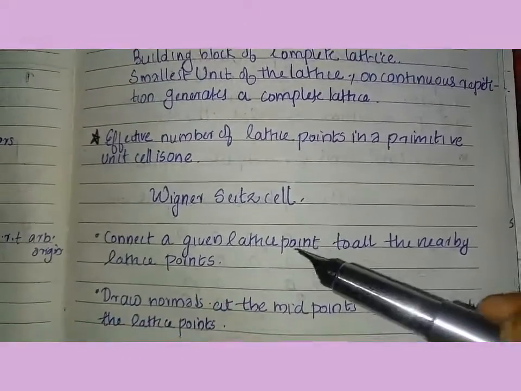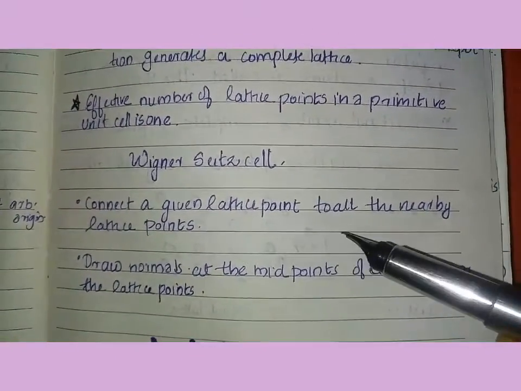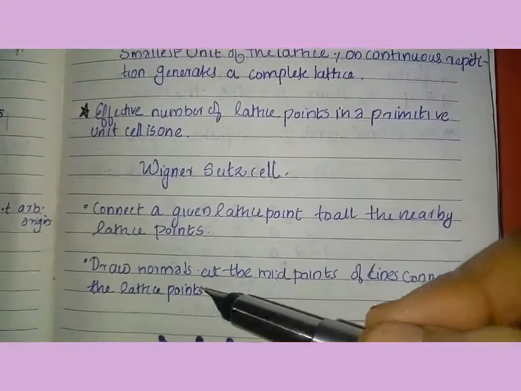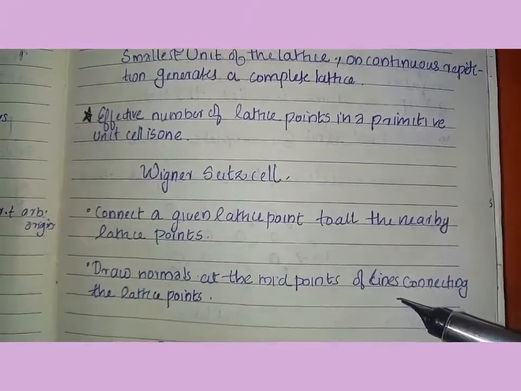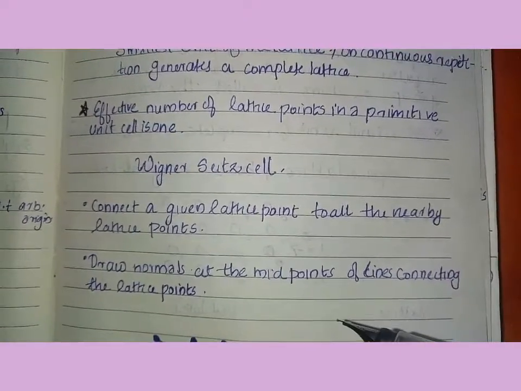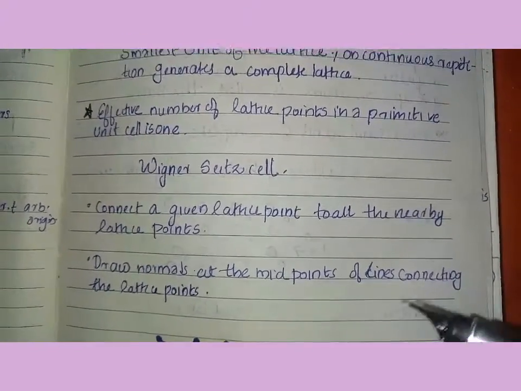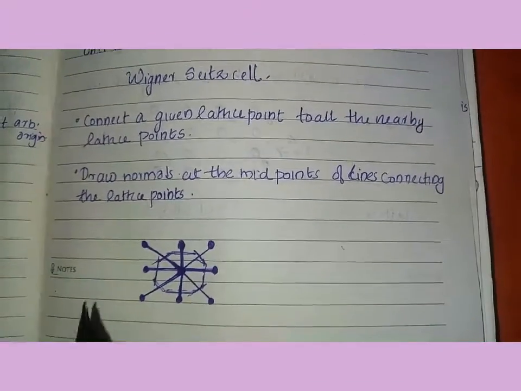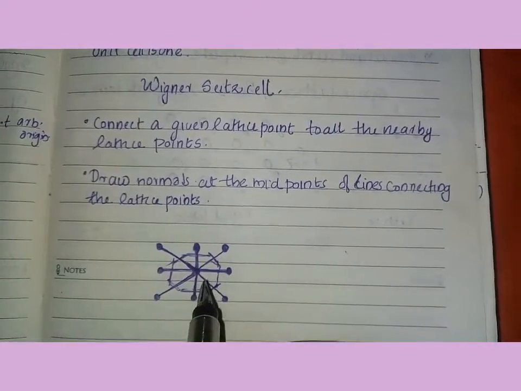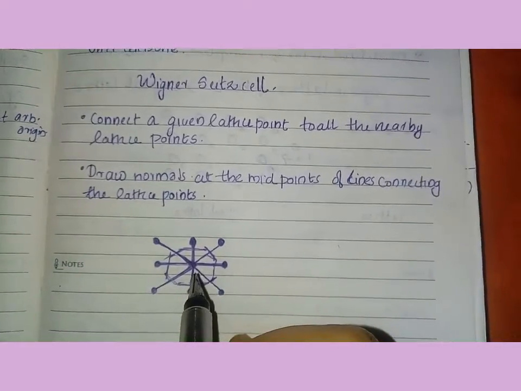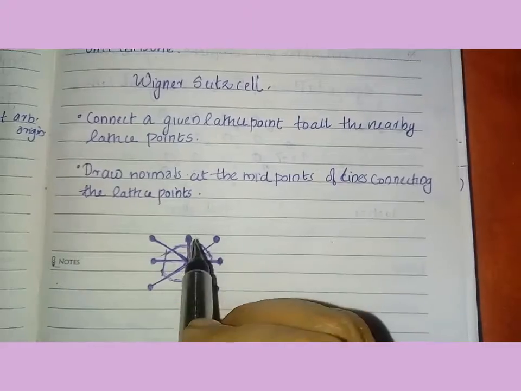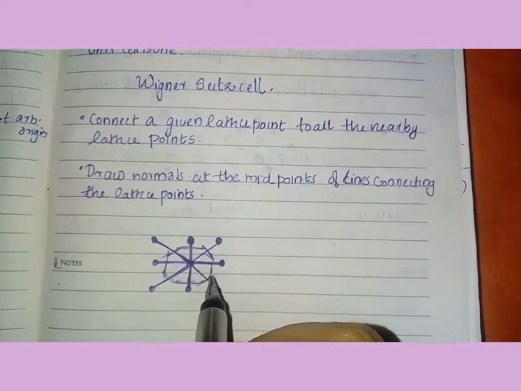What do you mean by a Wigner-Seitz cell? Connect a given lattice point to all nearby lattice points. Draw normals at the midpoints of the lines connecting the lattice points. That is how we get a Wigner-Seitz cell.